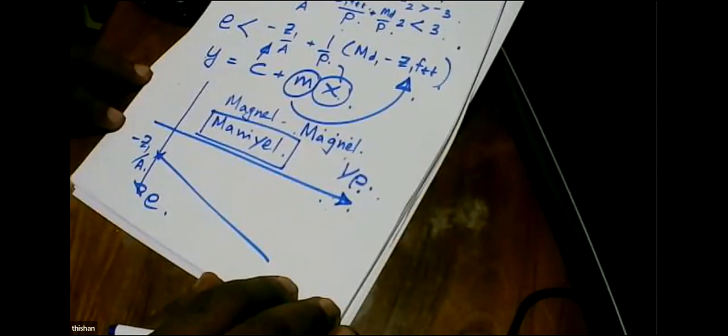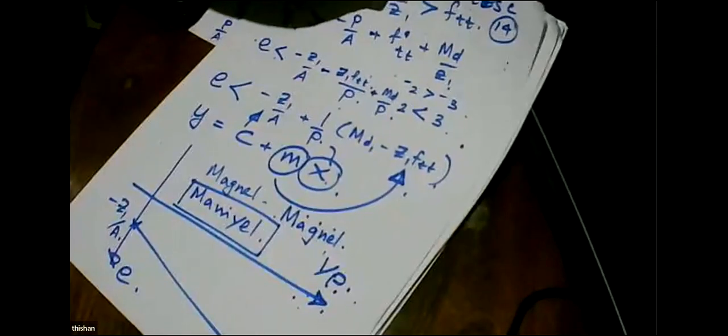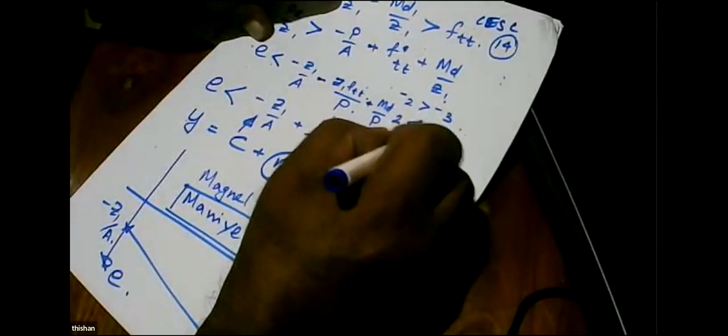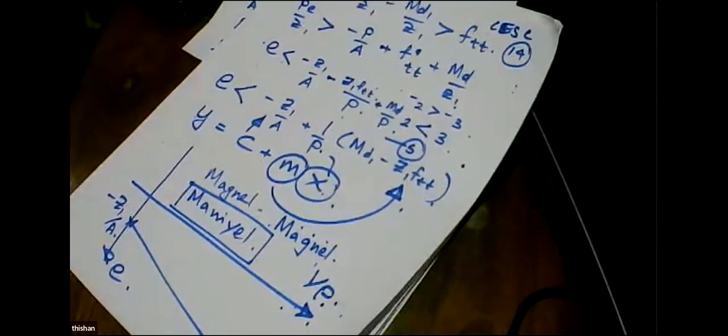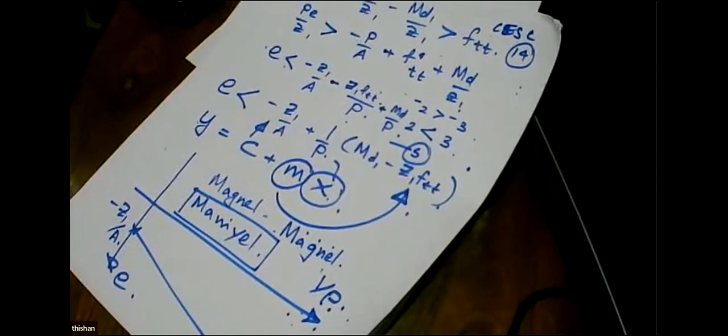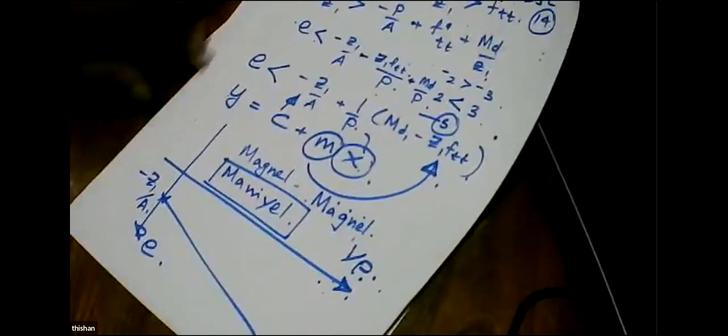So Manier is the first person, a Belgian engineer, who invented this graphical representation of pre-stressing equations. Now we see what happens.